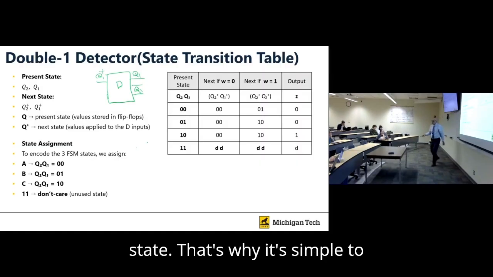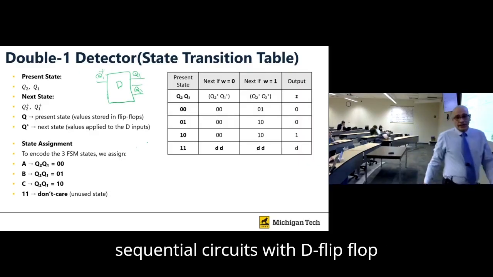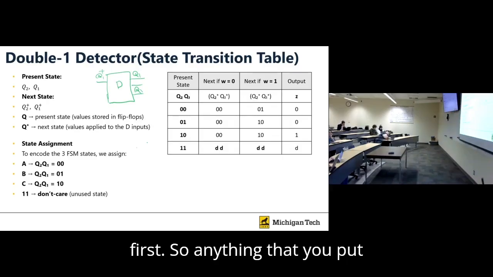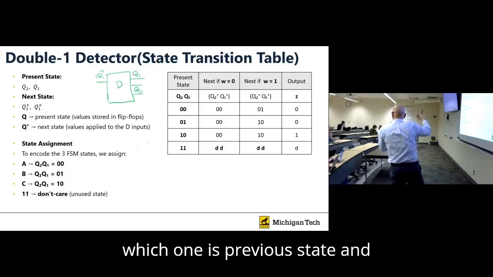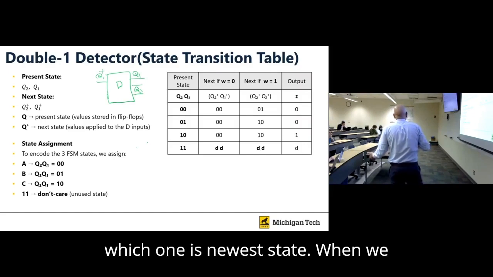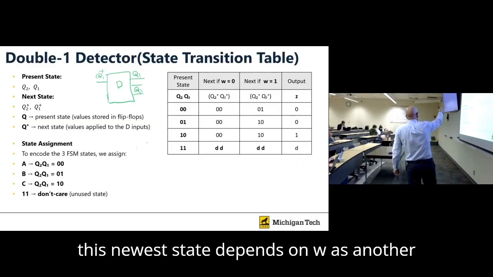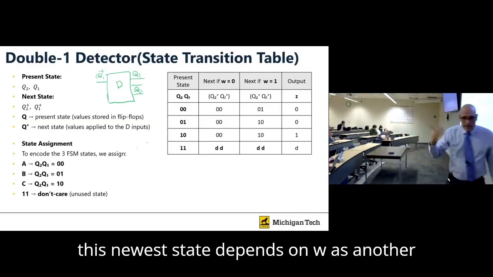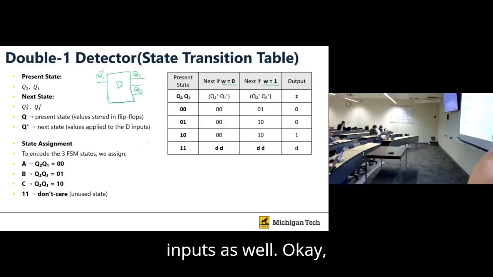That's why it's simple to design, and why we start designing sequential circuits with the D flip-flop first. I just wanted to show you in that picture which one is the previous state and which one is the newest state. When we put plus, it means the newest state. But this newest state depends on W as another input, so we consider these inputs as well.